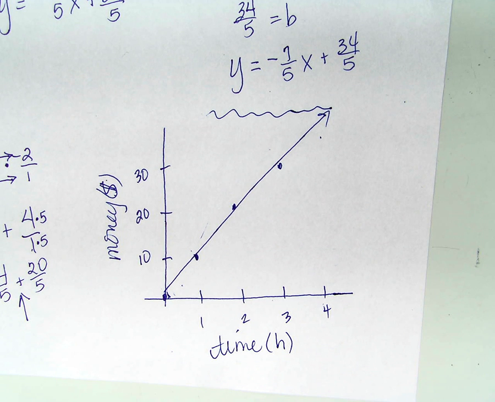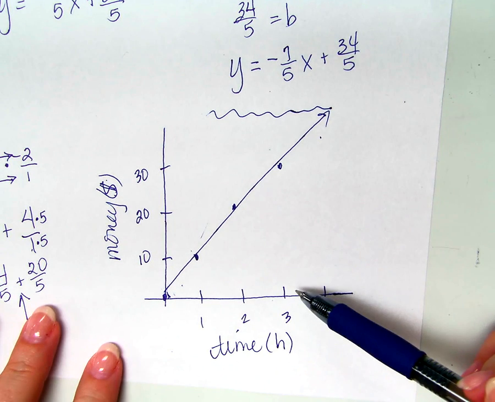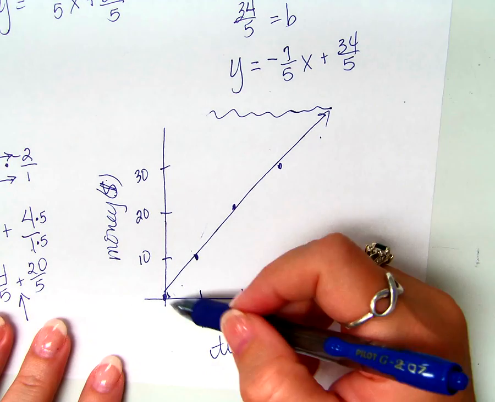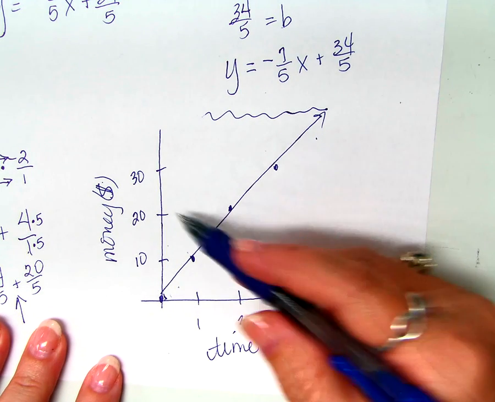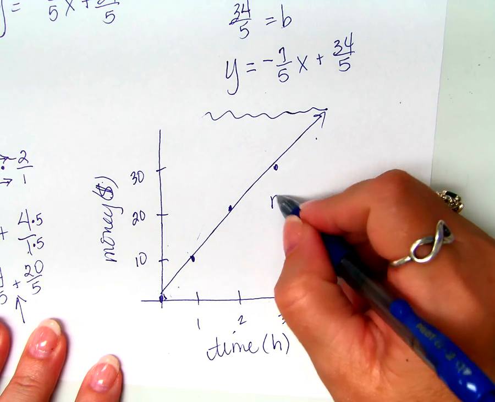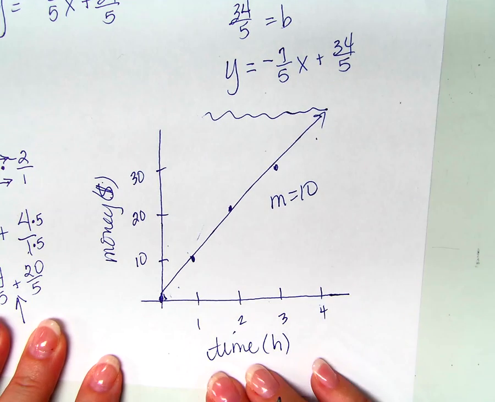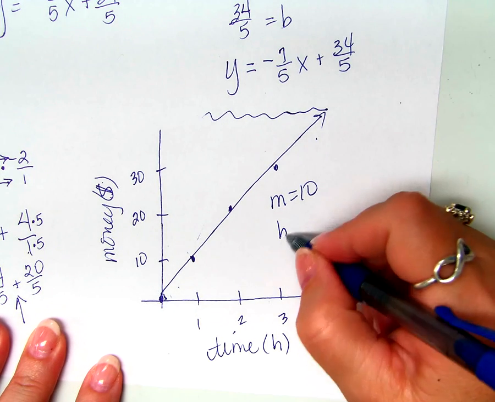Guys, on problems number 3 through 8 in your homework, that's what I want you to do. I want you to interpret the graph. You have to find the equation of the graph, and you have to interpret the slope. So in this case, just writing the equation by looking at the graph, we already said that the slope was 10, right? We counted that. What's the y-intercept? 0. So b would be 0.